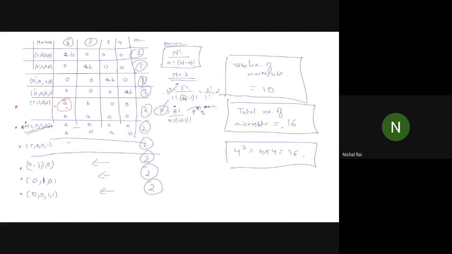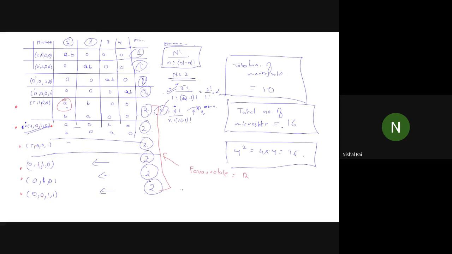So to find the probability, what do you do? How many macrostates are here in total? 10. Favorable: 1, 2, 3, 4, 5, 6. Total number of microstates for the favorable event is how many? The favorable microstates are 2, 4, 6, 8, 10, 12. 1, 2, 3, 4, 5, 6, so 12.